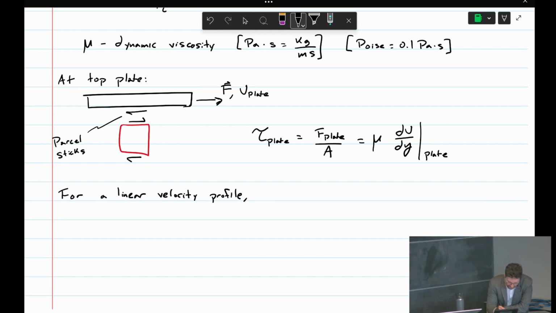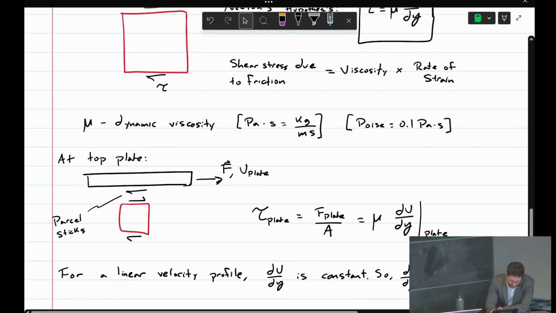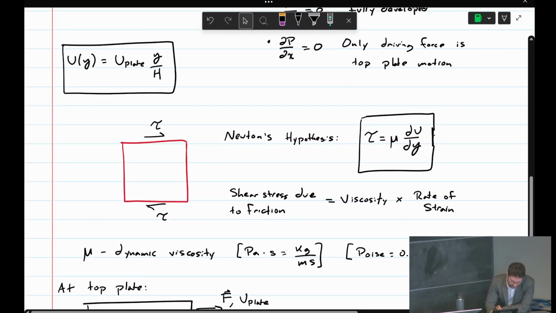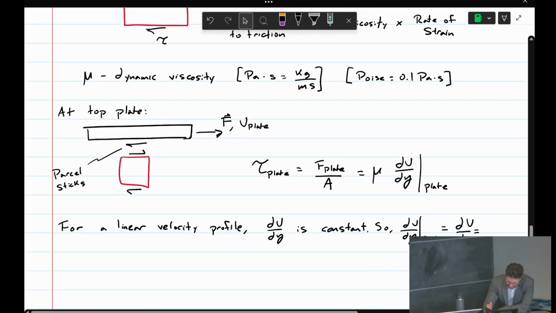So du dy plate is just du dy, which is also the slope, u plate over h.